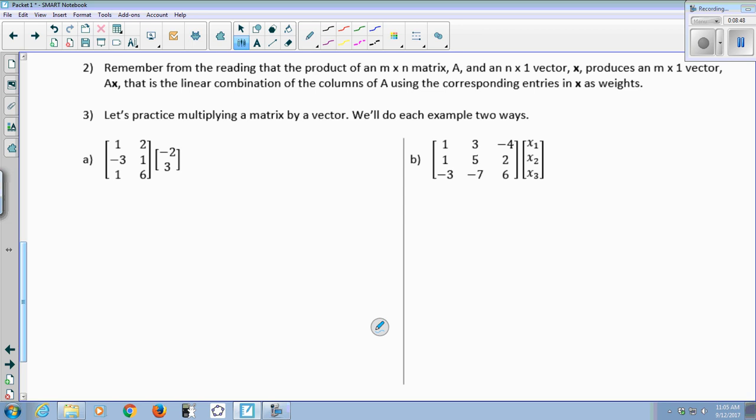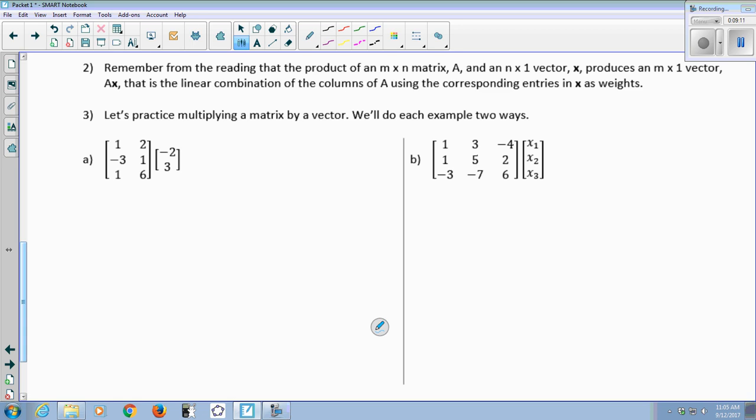Okay, so remember from the reading and from the quiz, the product of a matrix A and a vector X produces another vector, AX. And the way you do it is it's a linear combination of the columns of A using the corresponding entries in the vector X as weights. So we're going to practice multiplying a matrix by a vector.